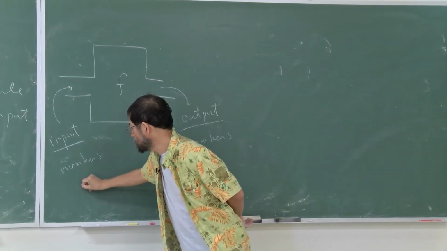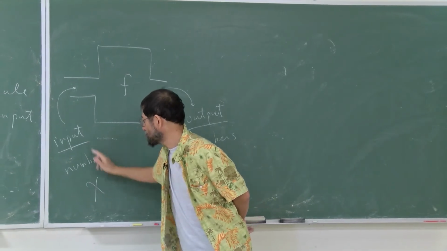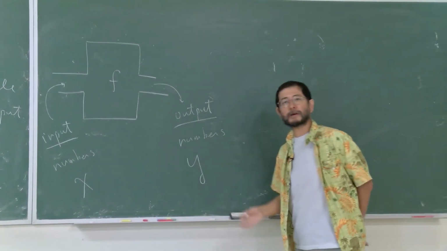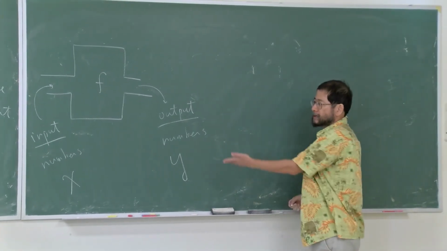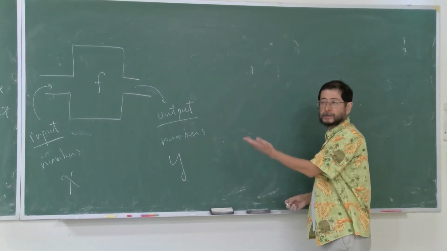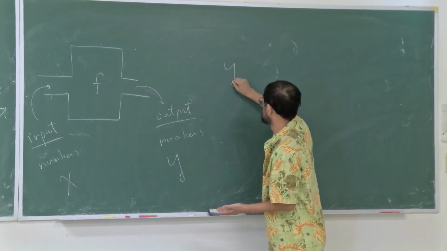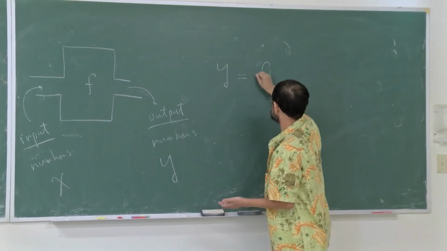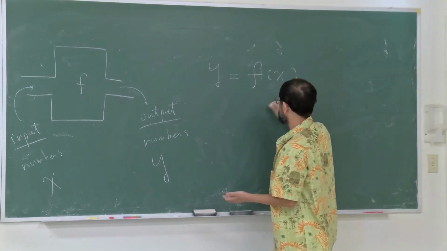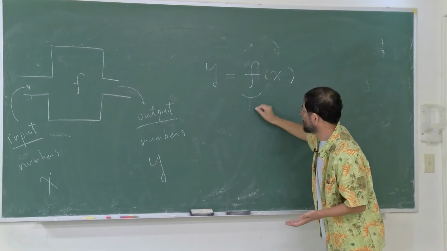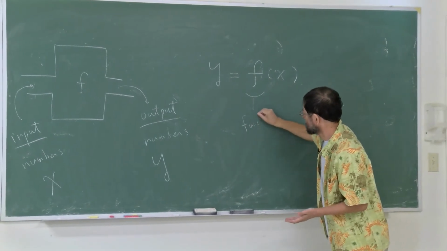So let's call the input x and the output y. You can use your favorite letters, but these are typical. Then we write y equals f of x, where f is the symbol for the function.